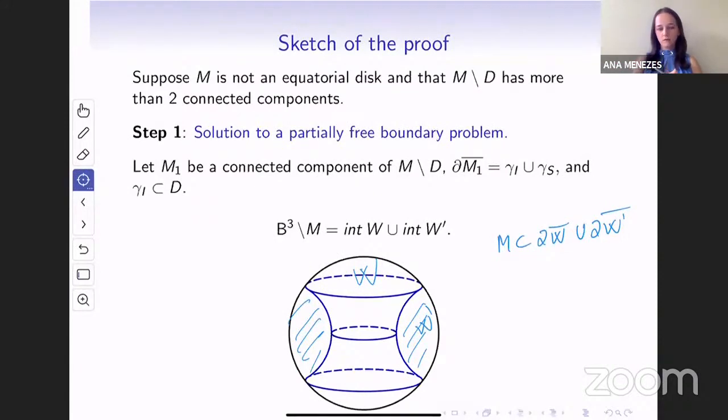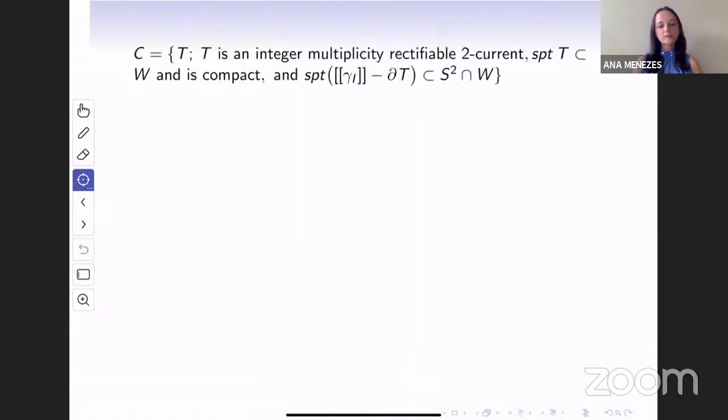Now, how do we make sure that we have a solution for this problem? That's the point where we need to use geometric measure theory, work with more objects like currents, and then prove regularity. It's at this point that the proof becomes more technical. But what is the idea? Here we'll be dealing with currents. If you haven't worked with currents before, you can keep thinking of a surface.